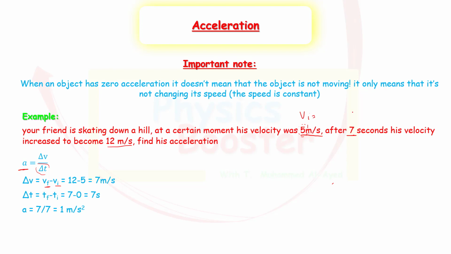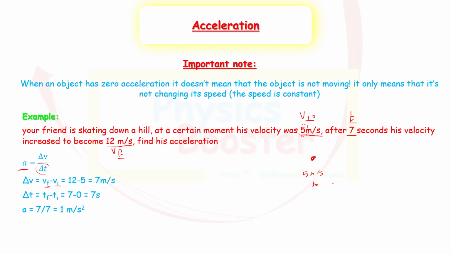After 7 seconds, okay, now we're talking about time, his velocity increased to become 12 meters per second. So it's clear that this is the final velocity. So I have the final velocity, I have the initial velocity, and I have the change in time. Why did I say that 7 is equal to the change in time? Because let's say that when he started moving, at this point, he had a velocity equal to 5 meters per second.